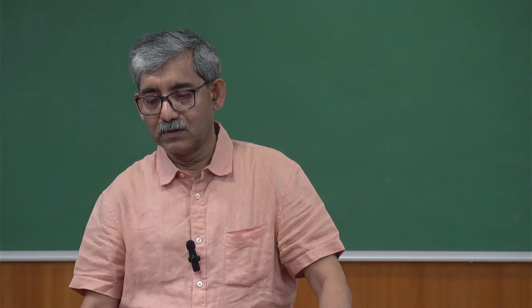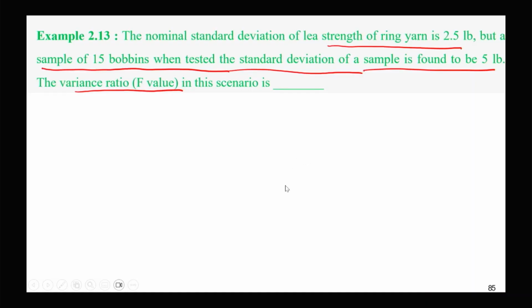Now, 2.5 and 5, these are the two data. As we know, we have discussed, F value will be, numerator 5 and denominator 2.5. We can say this is V1 by V2, V1 means 5 square, V2 is 2.5 square.